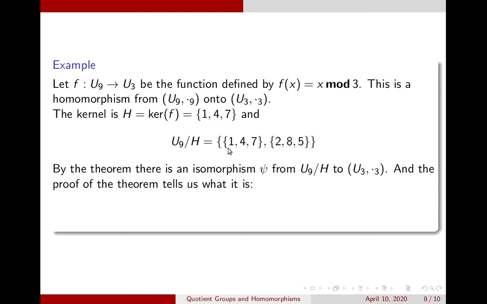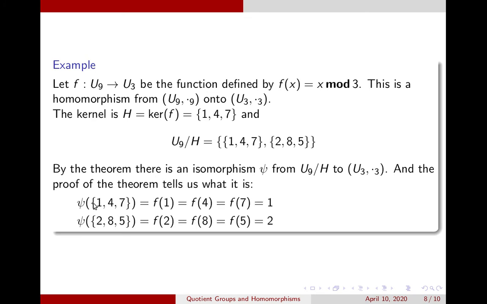It tells us how to find psi of the first coset and how to find psi of the second coset. Psi of the coset {1, 4, 7} is f of 1 equals f of 4 equals f of 7 equals 1. And psi of the second coset is f of any of the 3 of its elements. So for example, psi of {2, 8, 5} is f of 8, which is 8 mod 3, which is 2.